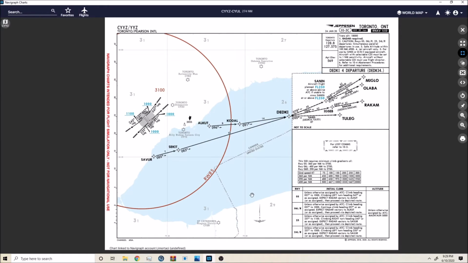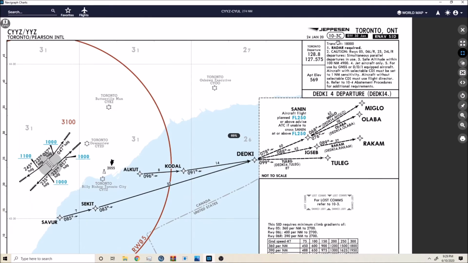So the briefing will go like this. Taking off out of Toronto International Airport. It's the 10-3C chart, effective date of 30 January. It's an RNAV SID, transition altitude of 18,000 feet. And we're using 2-4 right today.